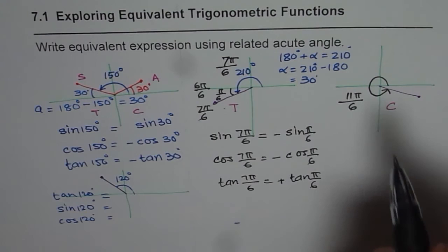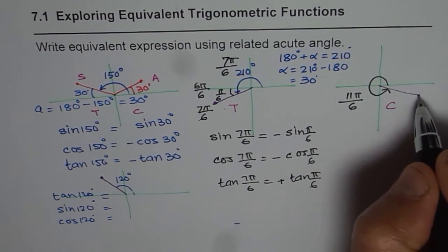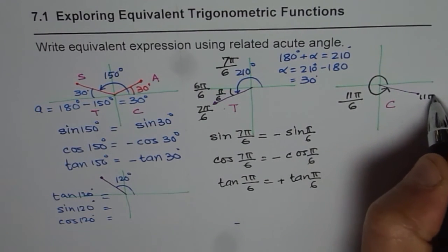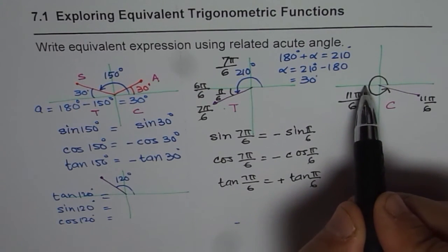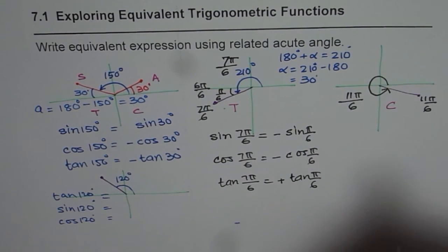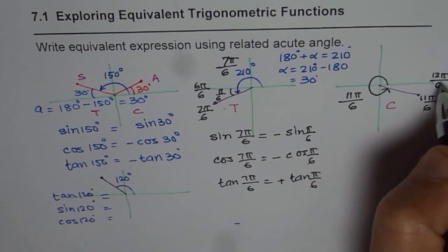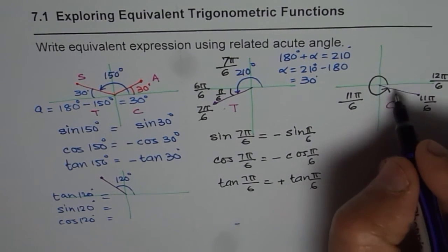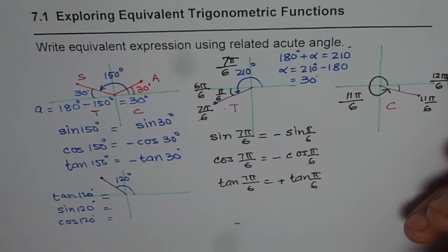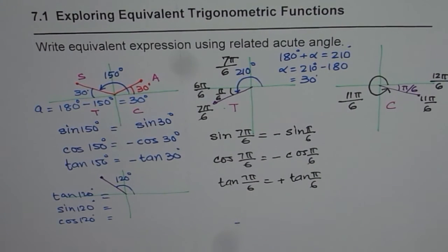Now, for this angle, what is the related acute angle? Well, this terminal arm ends at 11 pi by 6. If I divide pi into 6 portions, then 2 pi will be divided into 12 portions, so the end should be at 12 pi by 6, that is 2 pi. So easily you can calculate the related acute angle, which is the difference between 12 pi by 6 and 11 pi by 6, which is pi by 6. So we have a related acute angle of pi by 6.